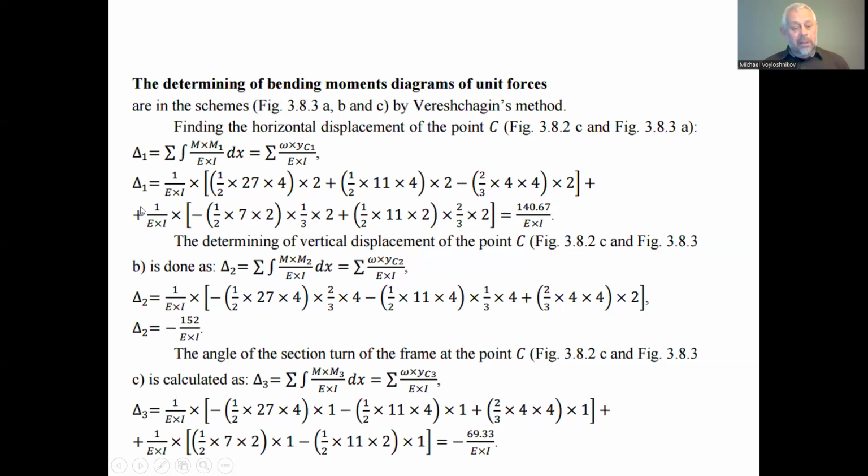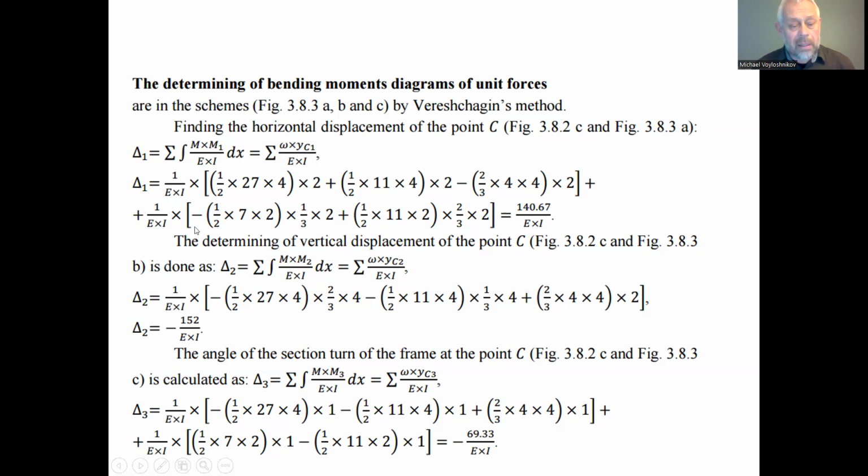And the second summand in the determination of the Mohr integral, meaning finding the horizontal displacement of point C using the Vereshchagin rule, is the product of the area of the diagram of the bending moments on the elements of the mechanical system by the ordinate of the diagram of the bending moment and action of the unit force at the location of the center of the area of the bending moment of the external load.